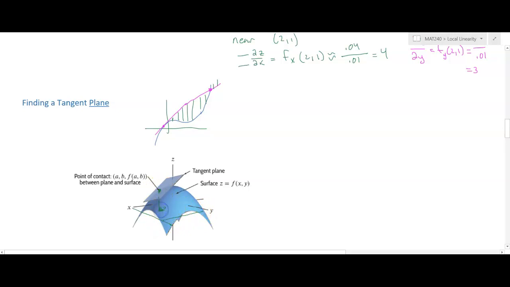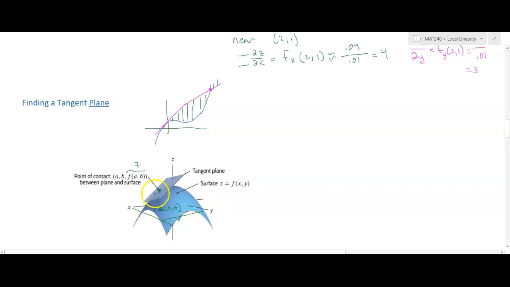This is the location A, comma, B. And then we have some sort of output value, some sort of z value associated with it. Our actual surface, in this case the paraboloid, is some function, z equals f of x, y. And then our tangent plane will be some plane that is tangent to this paraboloid just at that one location.